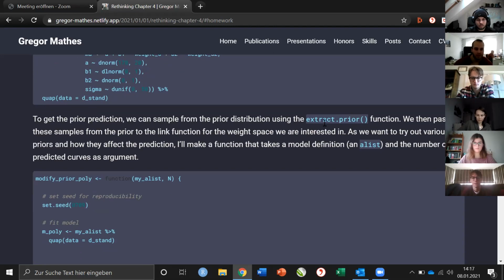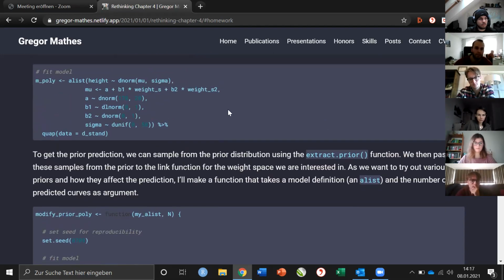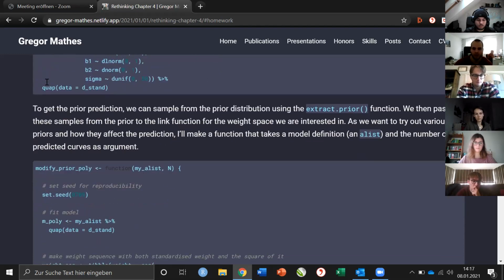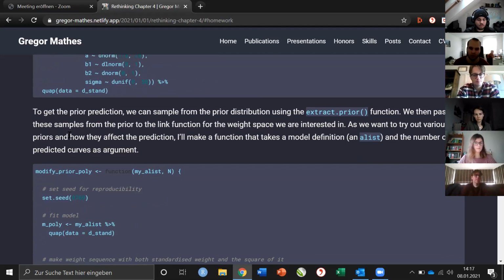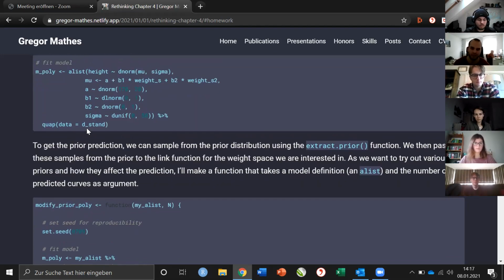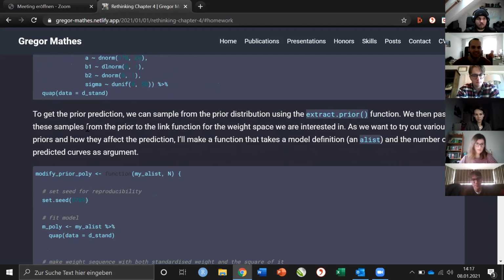And then I've used the extract prior function, which samples prior values. By default, I think 1,000 or 10,000 prior values from the model definition, which somehow feels weird for me because the model already used some data, but it's basically the same as the extract samples, but just with priors.